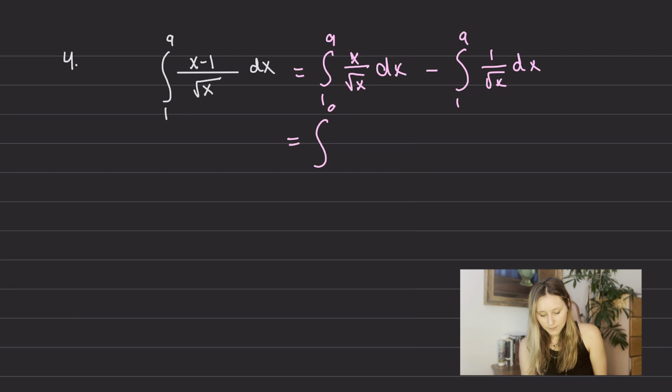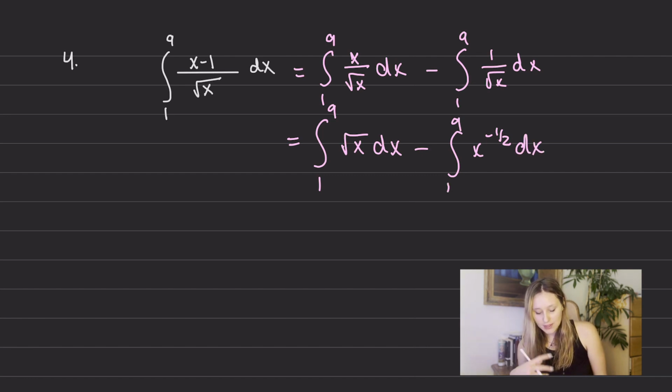Rewriting them again, we're going to get root x dx minus x to the minus 1/2 power. Because if you just write it that way, it'll be easier.